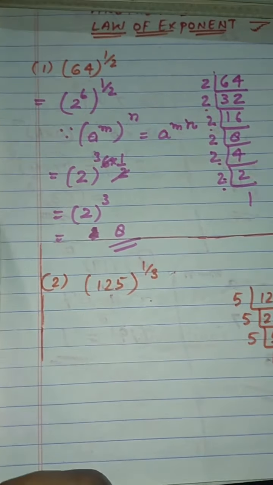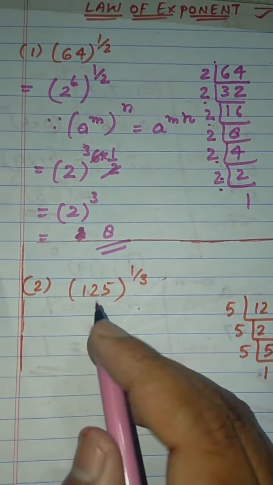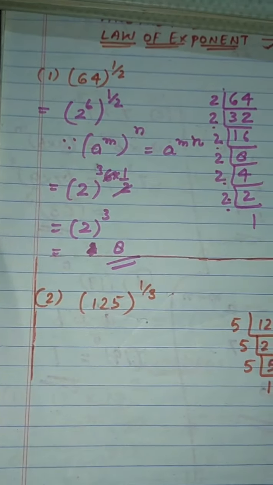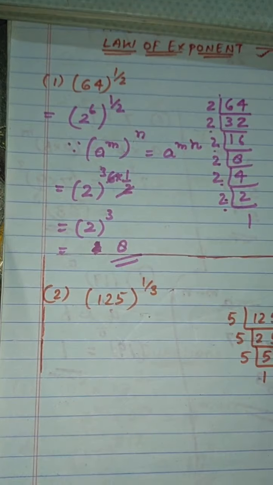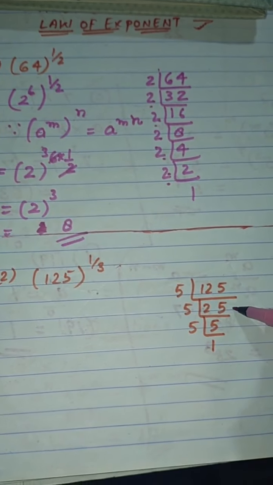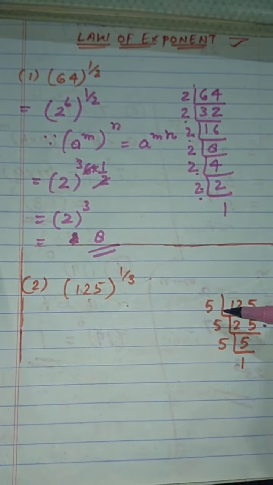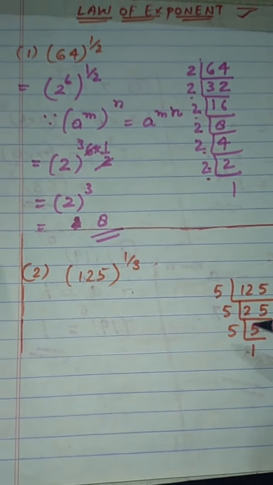Now look at the next question. 125 to the power 1 upon 3. First we have to prime factorize 125. 5 5s are 25, and so on. That means the factorization of 125 is 5 into 5 into 5, that means 5 to the power 3.